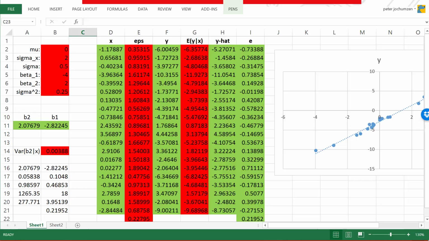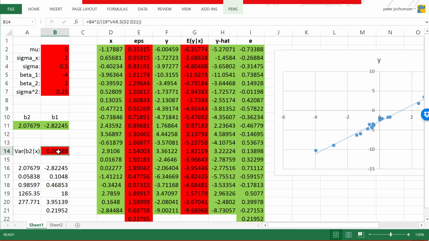So again, let's have a look at this in a simulation study. I simulated data with a beta 1 and beta 2. My sigma square is 0.25. Here are the OLS estimates of beta 1 and beta 2, and here is the variance of B2.